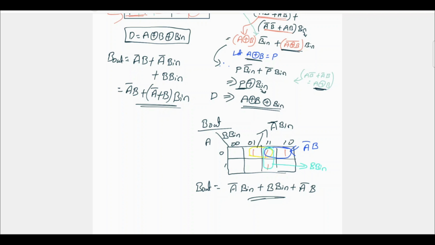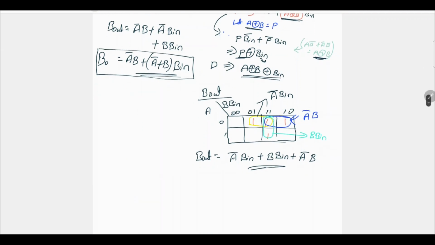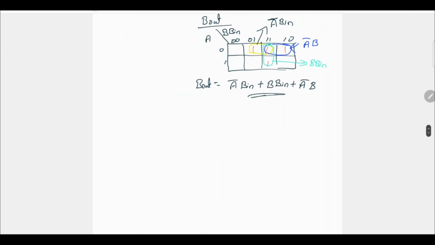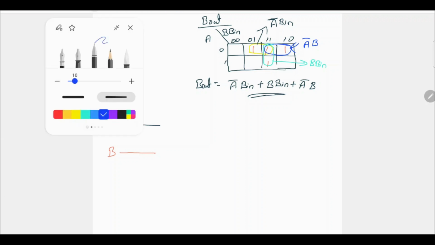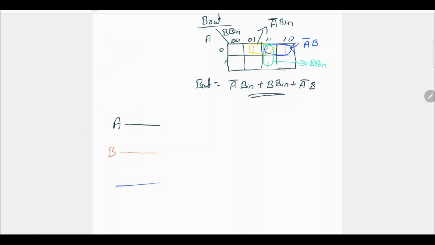Now finally we have to draw the equation logic diagram. So we have A, we have B, and the third input is B in.